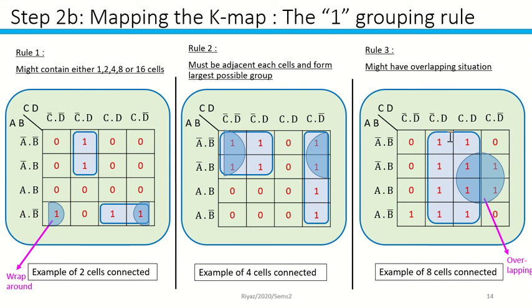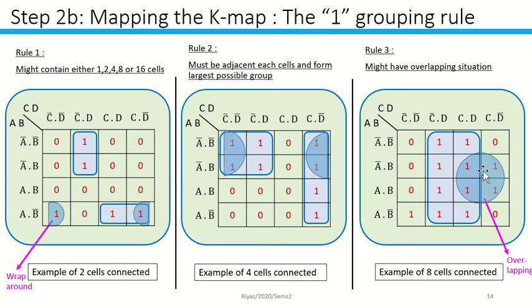This is an example of 8 cells. 8 cells is very unique. You can only have a situation where it is in the middle, either vertical or horizontal 8 cells together. Or maybe you can also have the right side. Yeah, my bad.